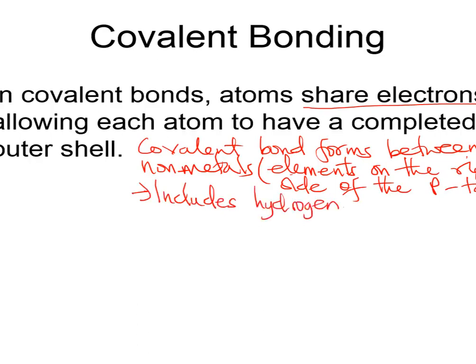Although hydrogen is not on the right side of the periodic table, it is also a non-metal. So it is involved in covalent bonding.